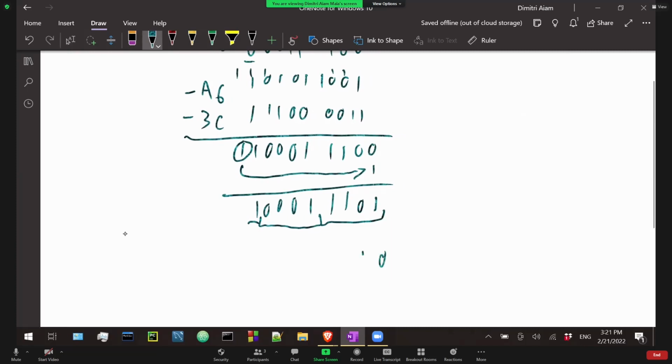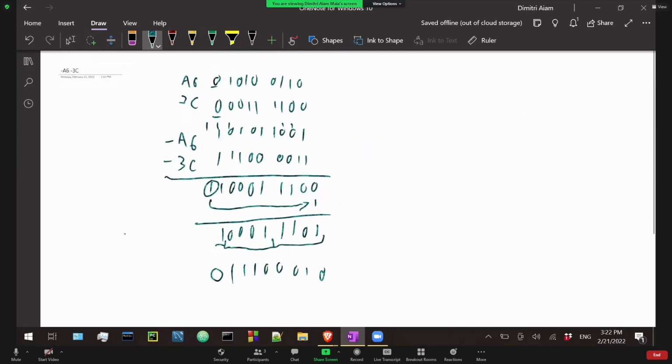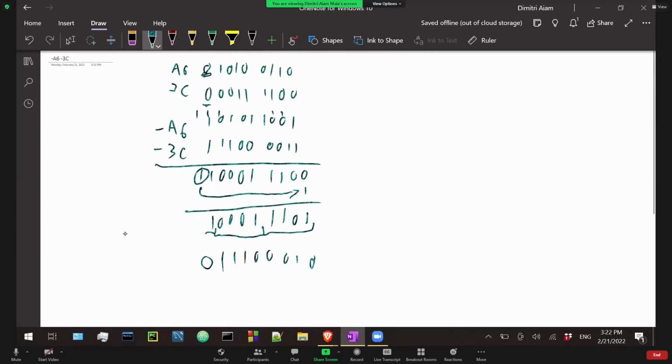So it'd be 0, 1, 0, 0, 0, 1, 1, 1. This is the magnitude of the number. So this number over here becomes a 0 again, like it was originally up here. It was 0, so it becomes a 0 again. So this number is these two numbers together.